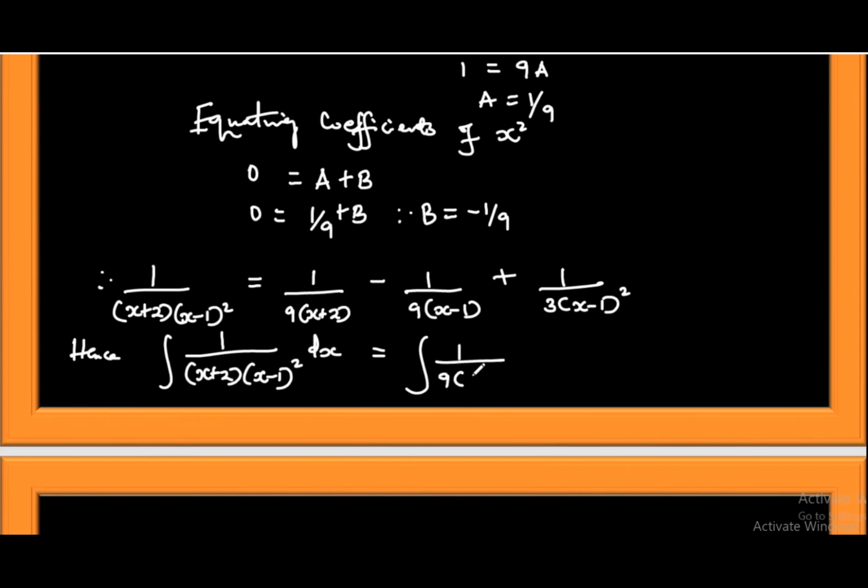So I will have that, the first term, 1/9 into (x plus 2) with respect to x, minus integral of 1/9 into brackets (x minus 1) with respect to x, plus integral of 1 out of 3 into brackets (x minus 1) squared with respect to x. Be sure that from this step now, you are supposed to use the knowledge of the previous videos to tell us the integrals of each of these.